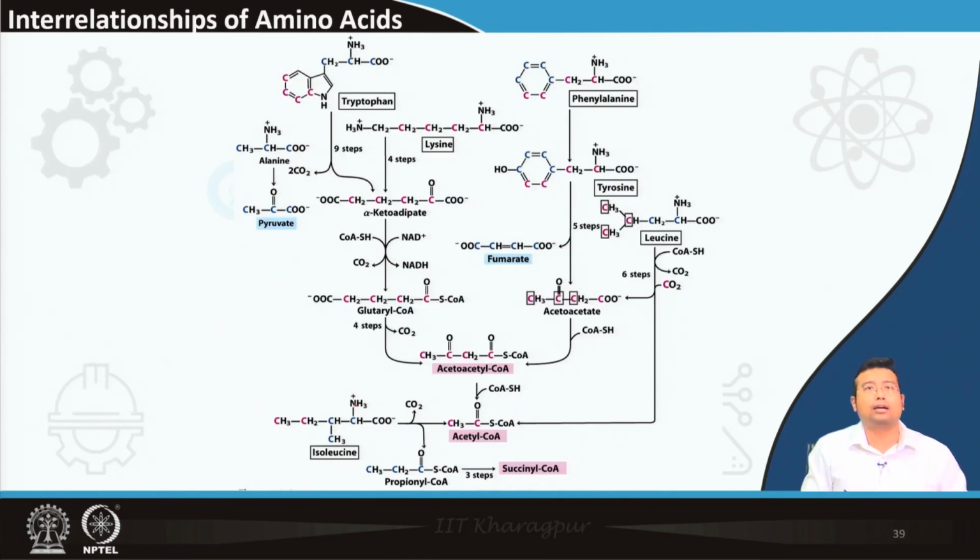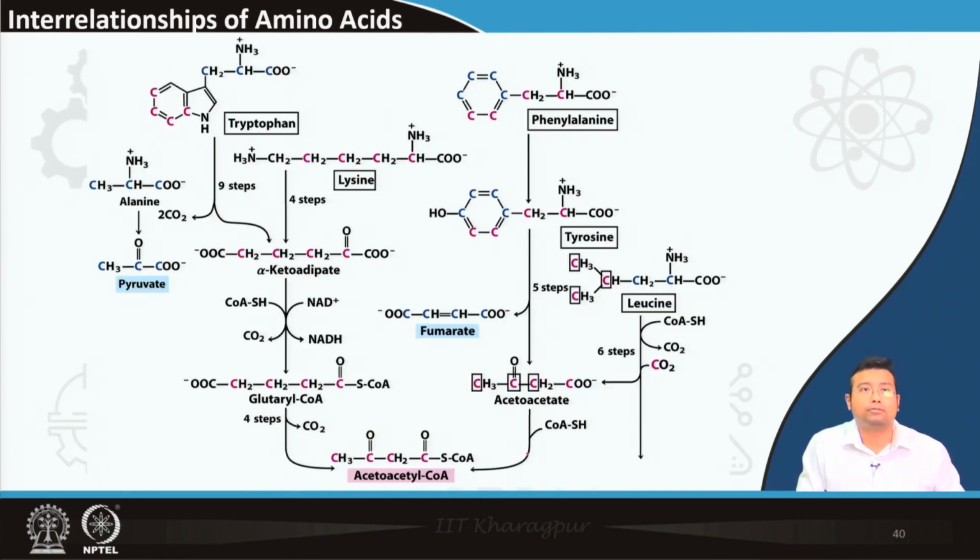So, if we look at the metabolic fate of the ketogenic amino acid, you can see tryptophan, right, as well as phenylalanine and tyrosine form acetoacetyl CoA. Leucine, a branched chain amino acid, was also forming acetoacetyl CoA, right, and isoleucine is also forming both acetyl CoA and succinyl CoA, right. So, we have magnified this thing.